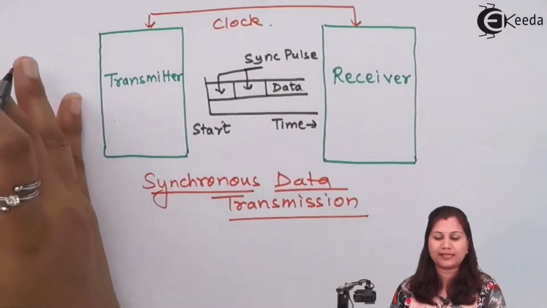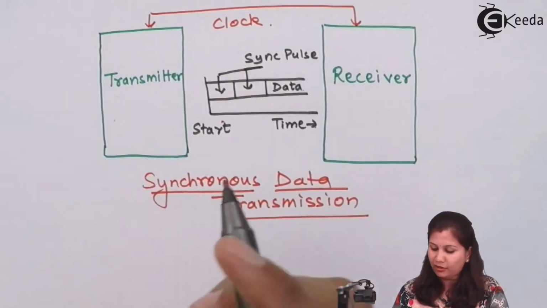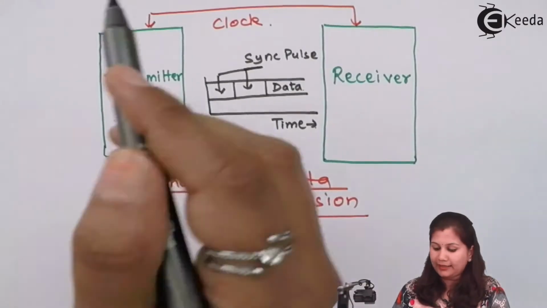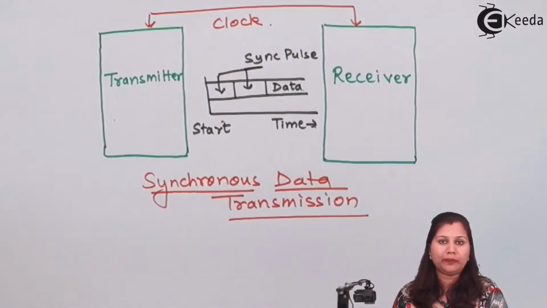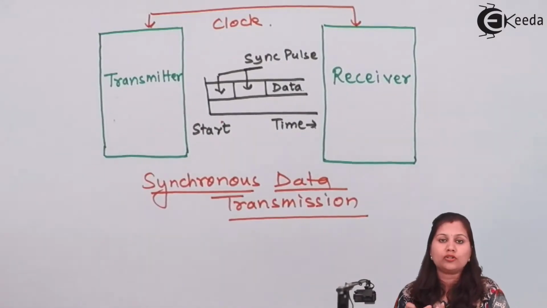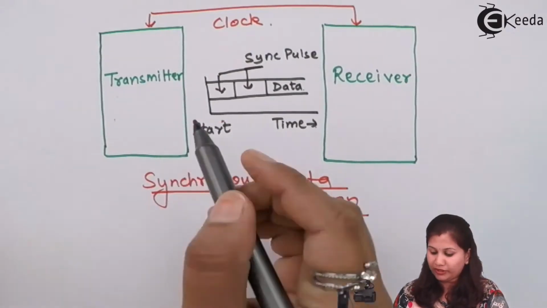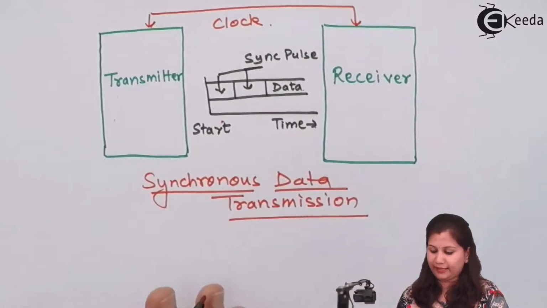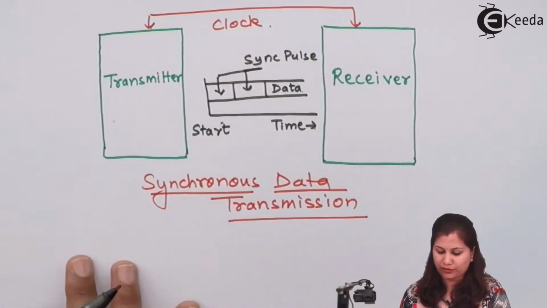We have a transmitter and a receiver. Transmitter is sending the data along with the synchronization pulse, that is sync pulse, and that pulse is the clock. Now this clock pulse is common between the transmitter and receiver, so both are synchronized through this clock pulse. Clock pulse will indicate where the data is starting and at which position it is ending. So that is how we represent the synchronous data transmission.